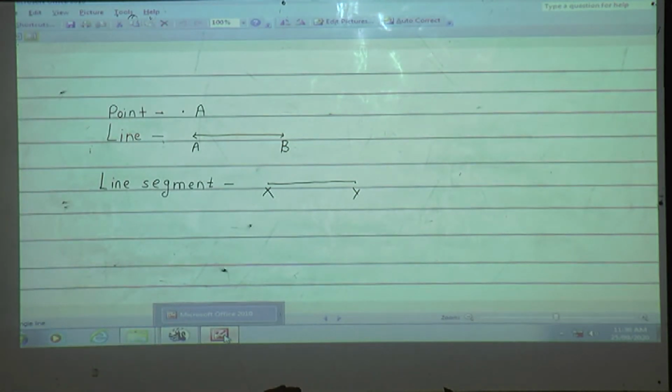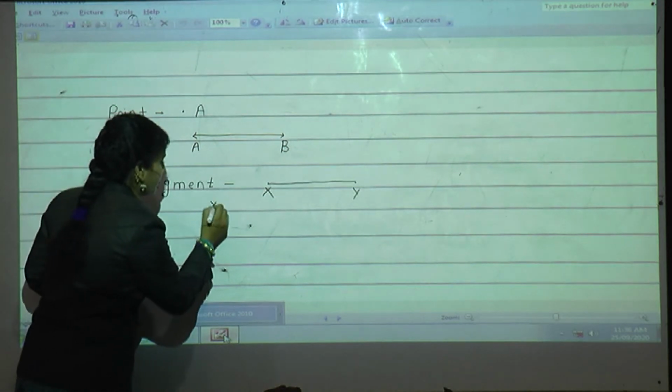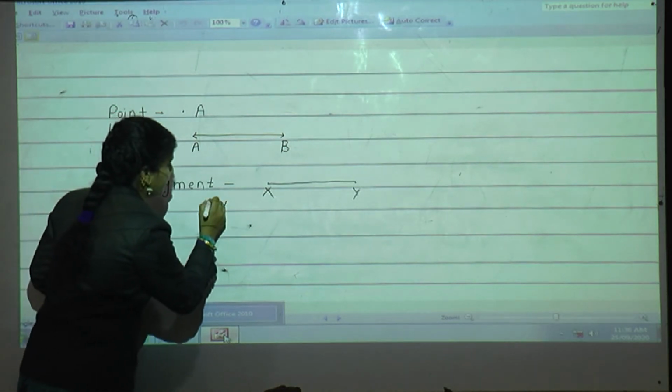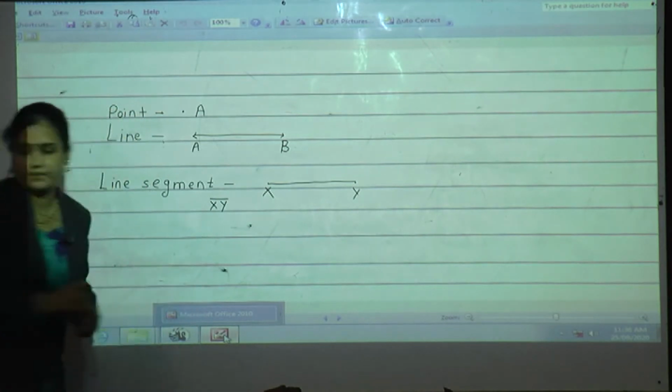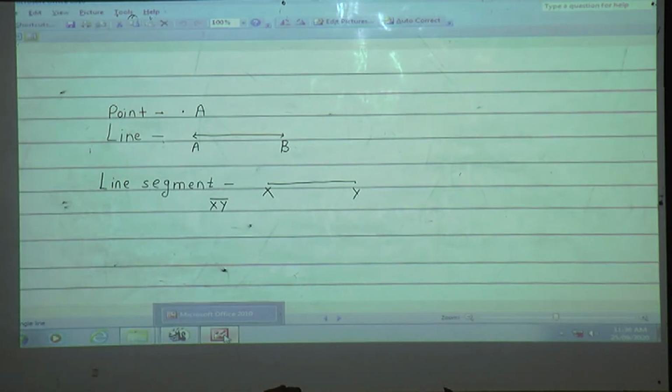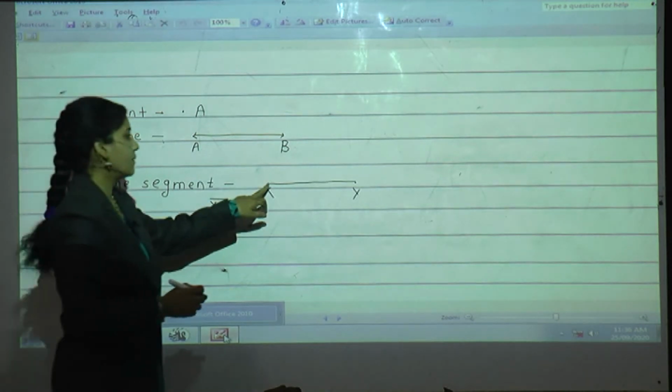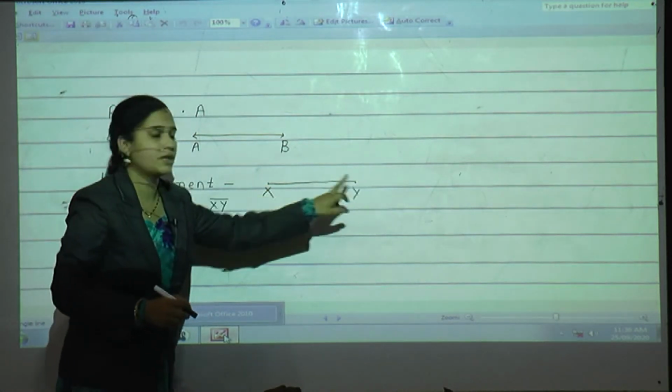A part of a line is a line segment. This is also a part of a line. This line segment is denoted by segment XY. A line segment has a beginning and an end point.